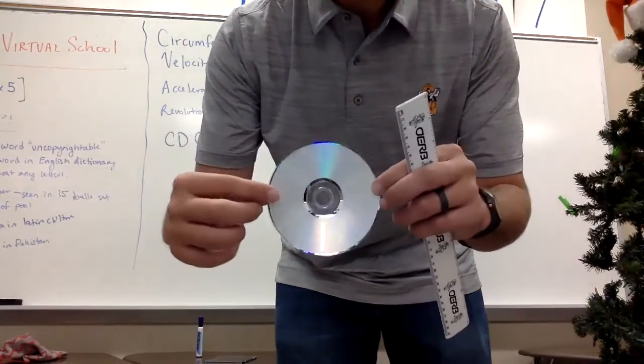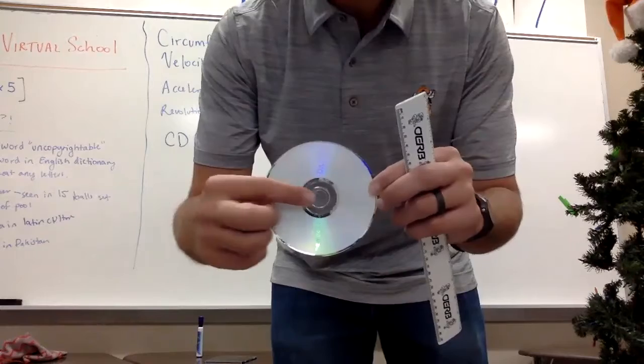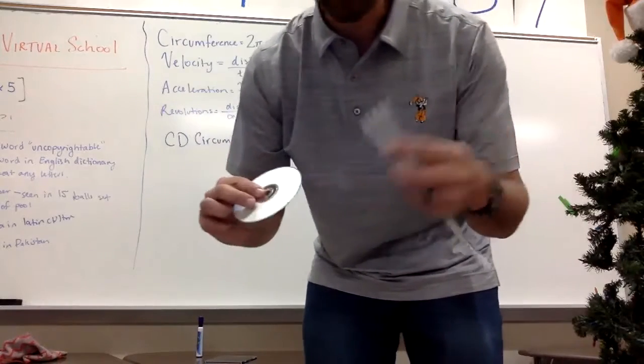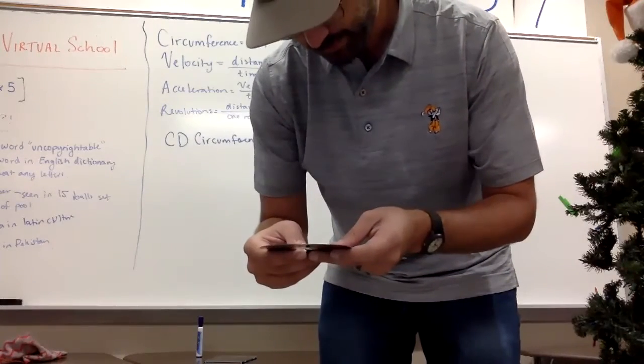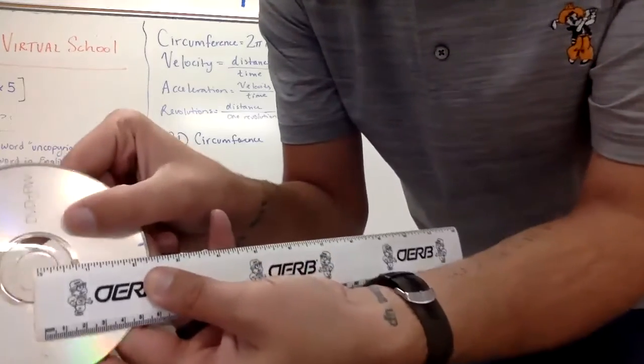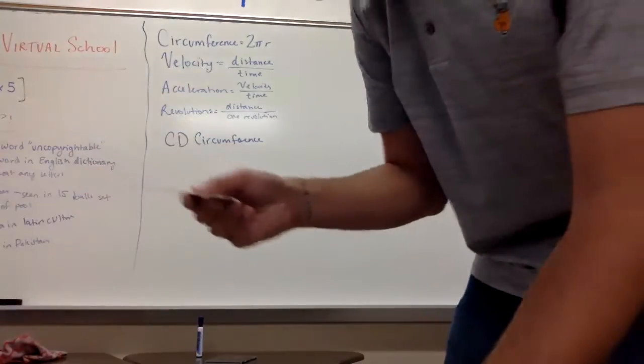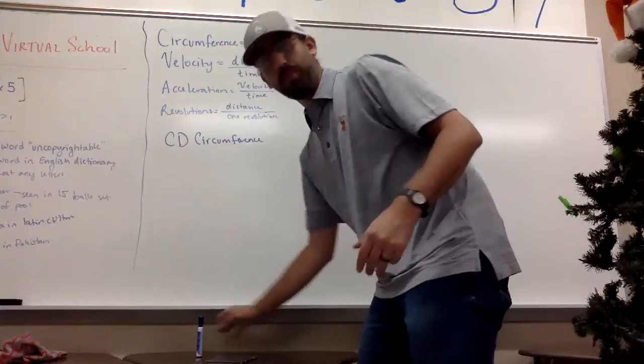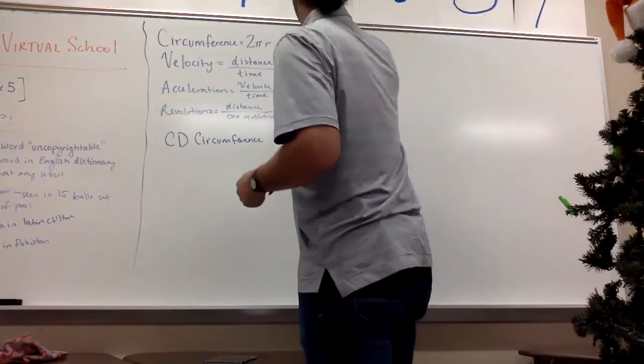All we care about is the distance from the side to the middle here. So I'm going to measure in inches, and I see that my measurement is about 2¼ inches. So I'm going to say 2.25 inches.